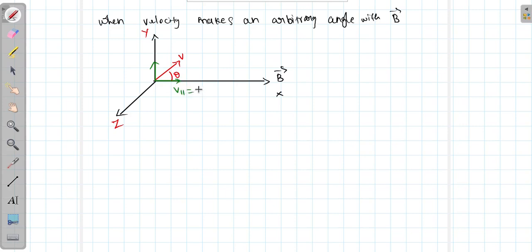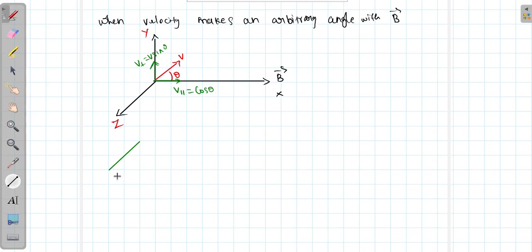Therefore, V parallel is V cos theta, and V perpendicular is V sin theta. Do you know how to resolve this component? Do you remember? Okay, I'll explain.